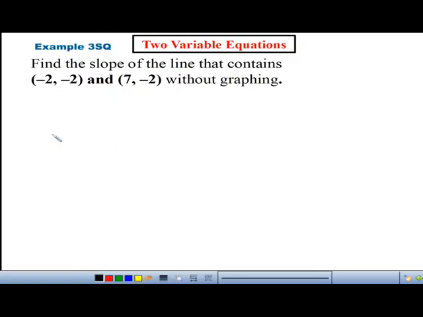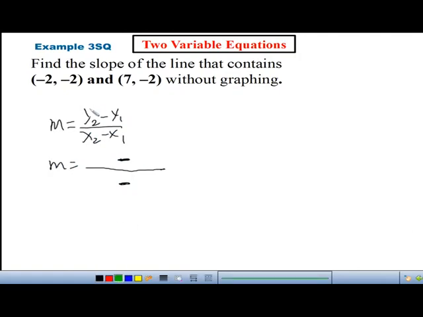All right. So you should have written m equals, what was it? Y sub 2 minus y sub 1 over x sub 2 minus x sub 1. M equals fraction form, and then we have a minus and a minus.